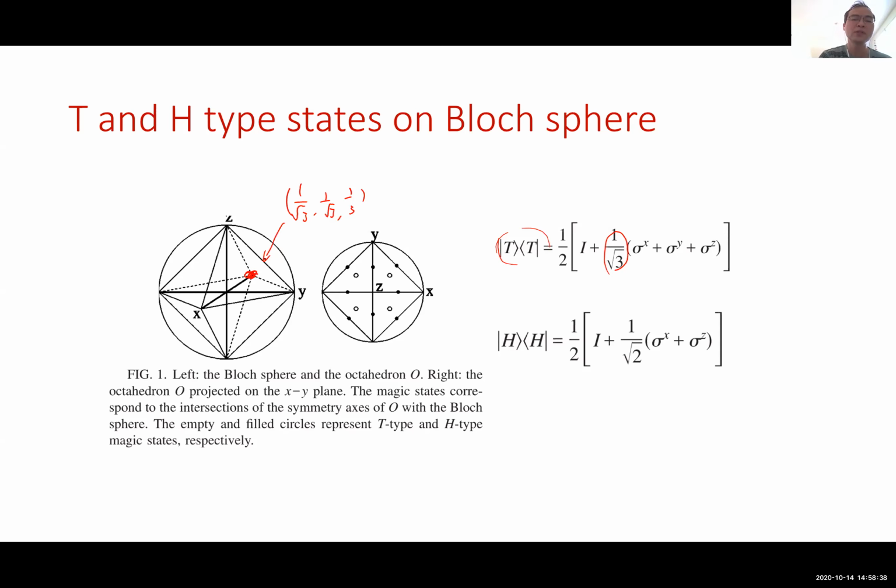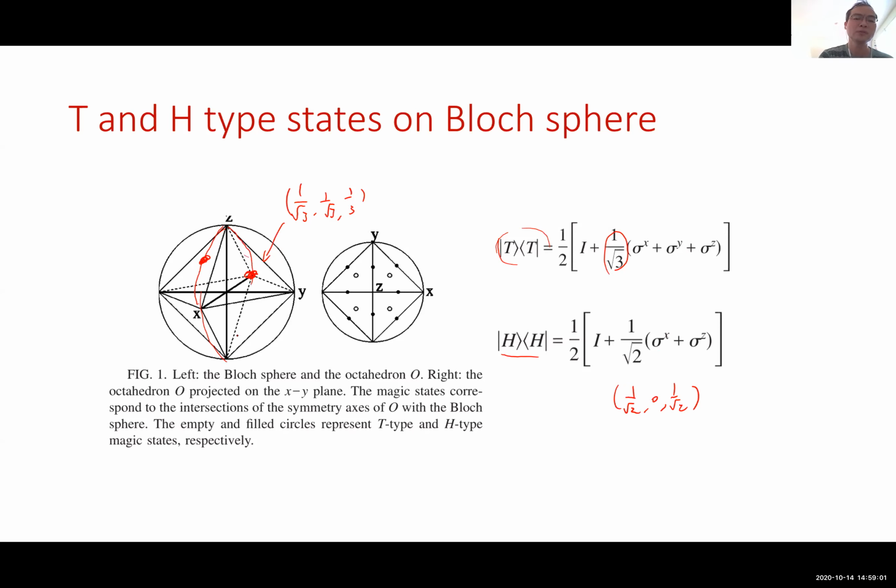So at the vertex here, and the H is at square root of 2, 0, 1 over square root of 2. So if you draw a big circle, it's this location.